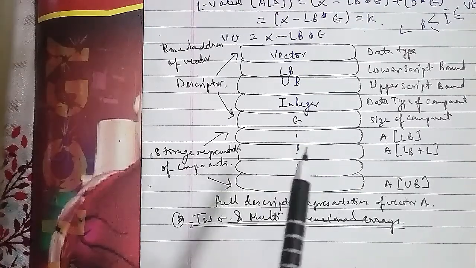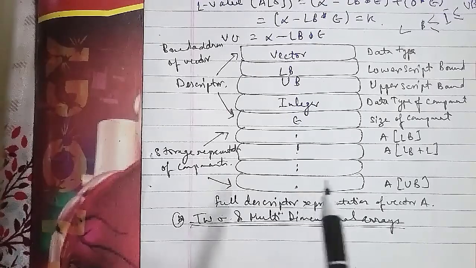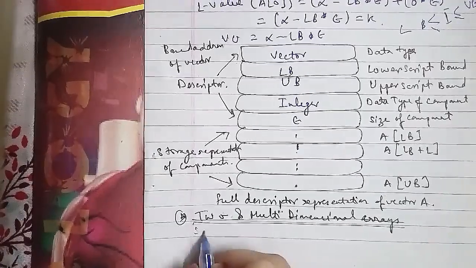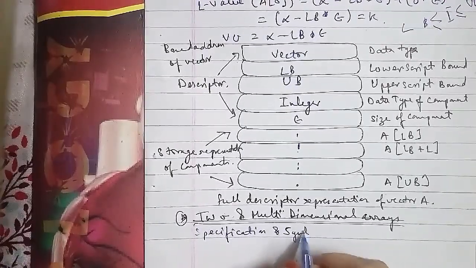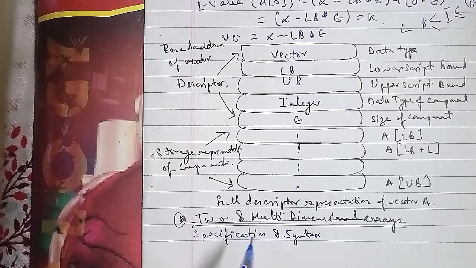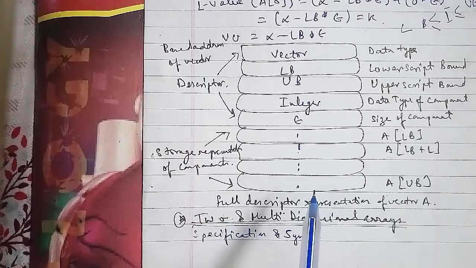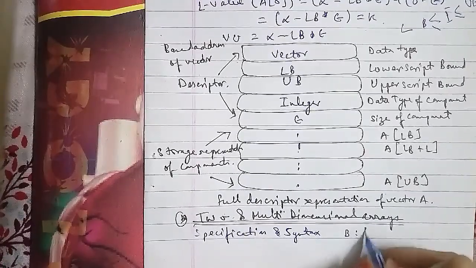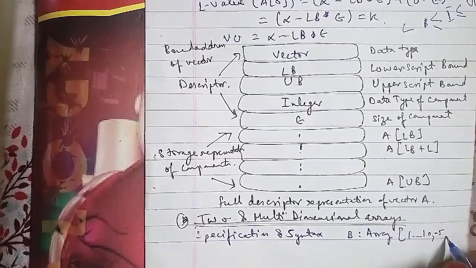I'll discuss the specification and syntax. In the case of the specification and syntax, a multidimensional array differs from a vector in its attributes only in that a subscript range for each dimension is required, as in the Pascal declaration, where we can say B of array 1 to 10, minus 5 to 5 of real, and the selection of the components requires that one subscript be given for each dimension.